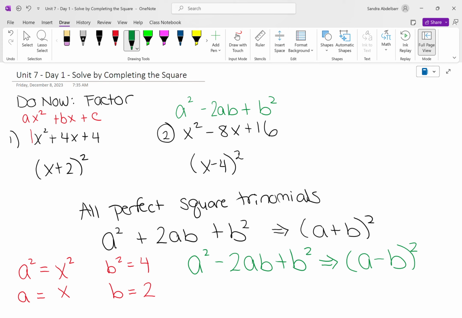Okay, so here we're checking this trinomial to see if it fits the format. Well, if a squared is x squared and b squared is 16, do we agree a is x, b is 4? So now we check the middle term. Is it 2 times x times 4? Yes. So this is definitely a perfect square trinomial, but because of the minus in the middle, it factors into the quantity of a minus b squared.